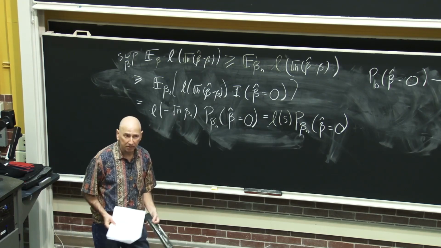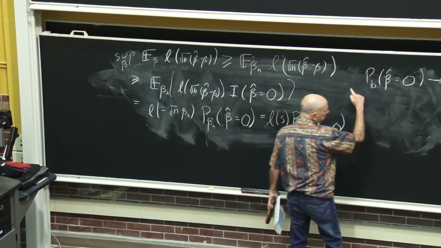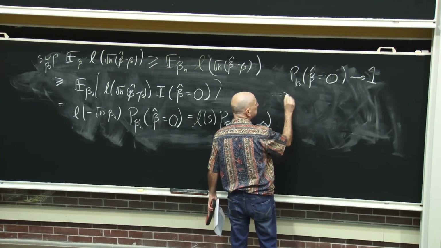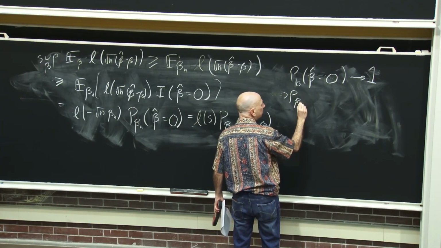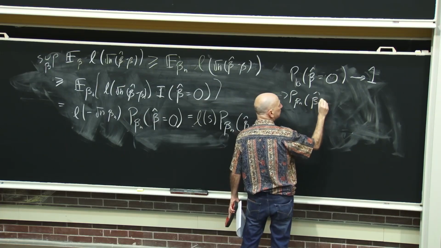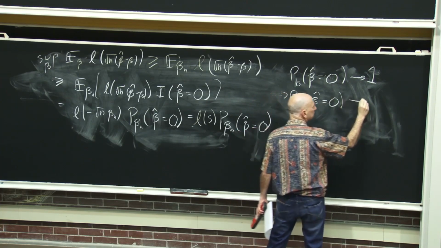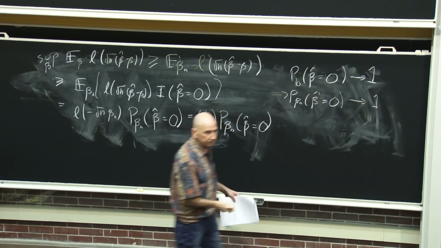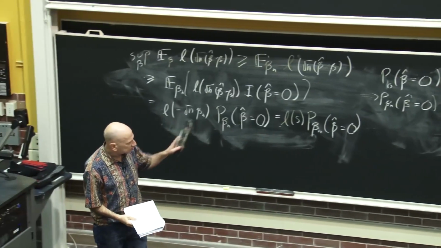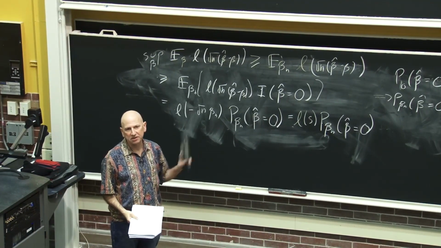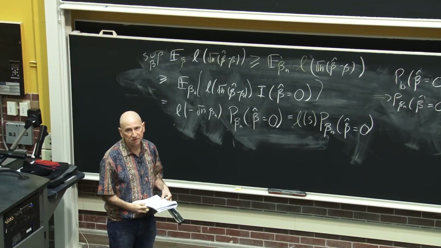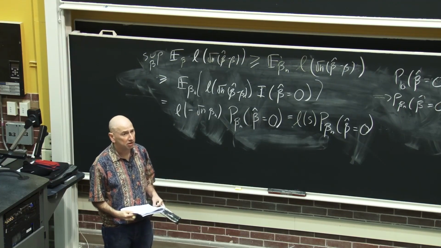But just check it under normality. It's pretty easy. Since beta n is very close to 0, this must also be true. Just take beta hat to be normal and integrate it and see what happens. You'll be able to convince yourself it's true. But it's actually true much more generally.